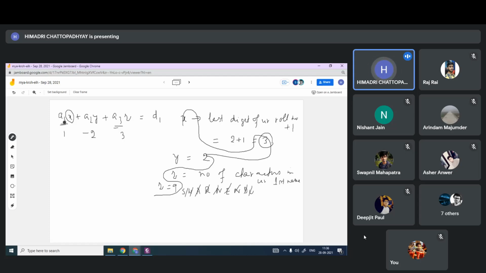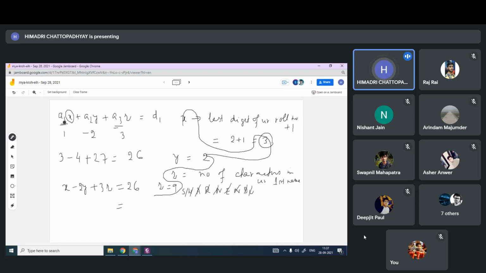So you put that: a1 is 1, so 1 into x, which is 3. Then minus 2 into y, minus 4, plus 3 into z, 9, 27. Equal to 26. So now you can write your equation as x minus 2y plus 3z is 26.